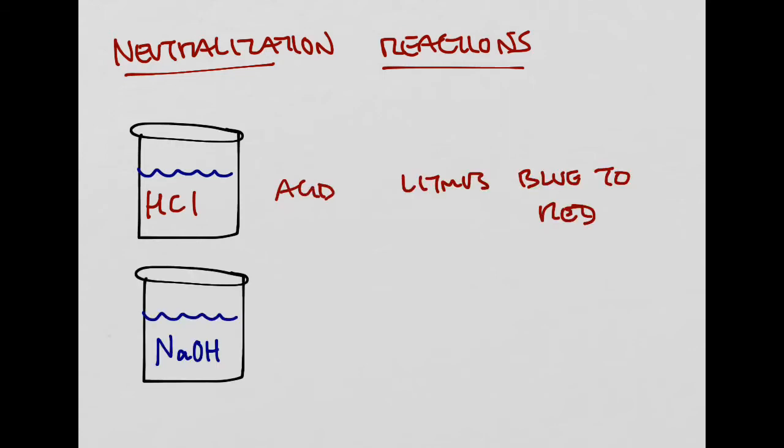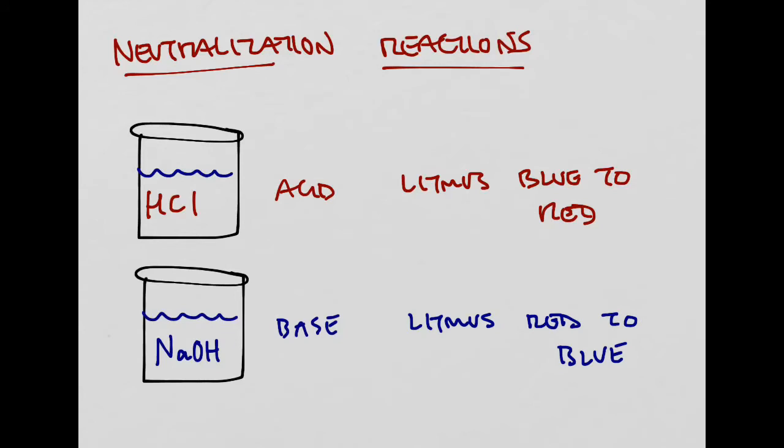And here I have a beaker of base, also in an aqueous solution form, and it's a strong base. Looking above, the hydrochloric acid is a strong acid, and I have a strong base here. And with regard to bases, it takes litmus paper and turns red litmus paper to blue.